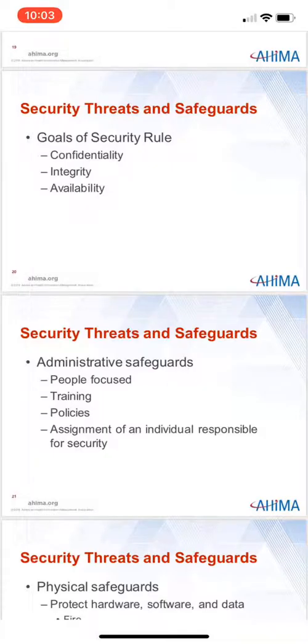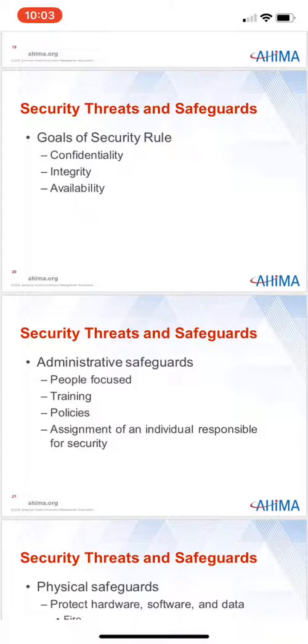The security rule is designed to ensure that EPHI remains confidential and is protected from unauthorized disclosure, alteration, or destruction. The security rule utilizes administrative, physical, and technical safeguards to protect electronic protected health information. Administrative safeguards are people-focused and include requirements such as training, policies, and assignment of an individual responsible for security.